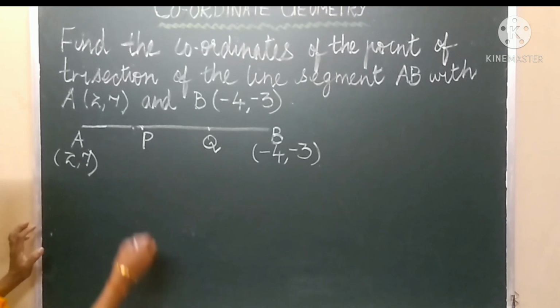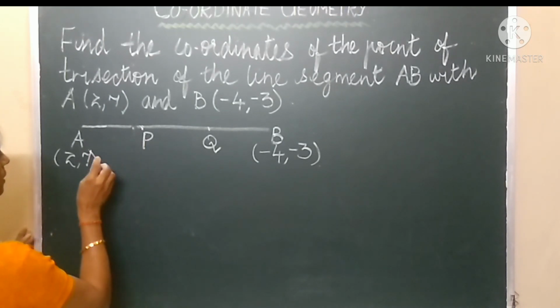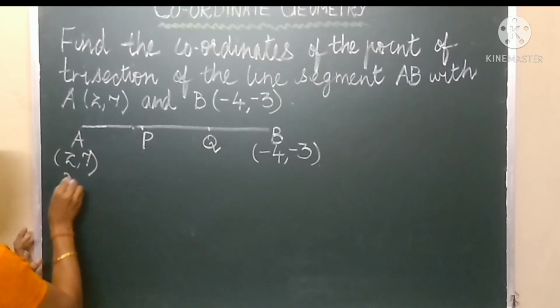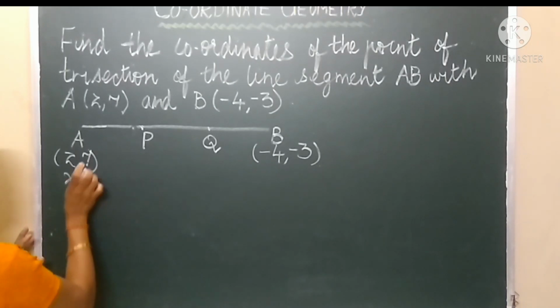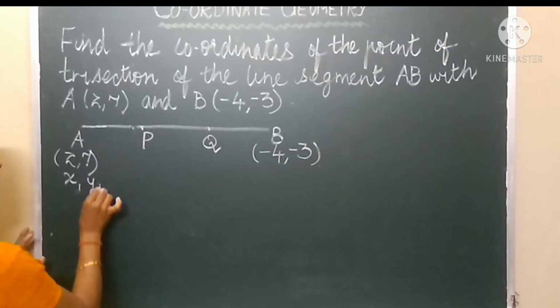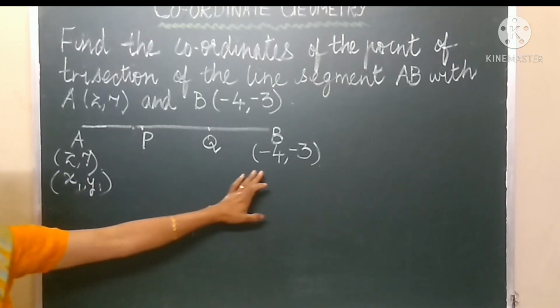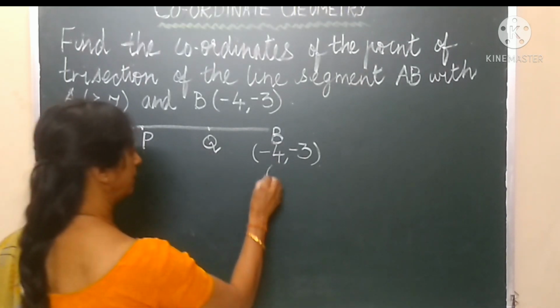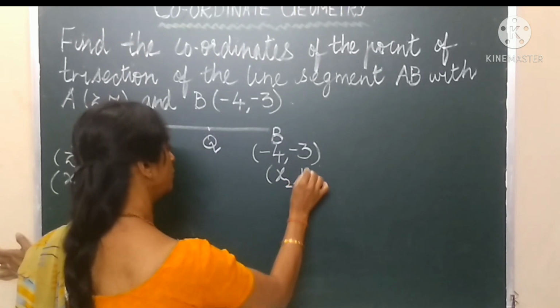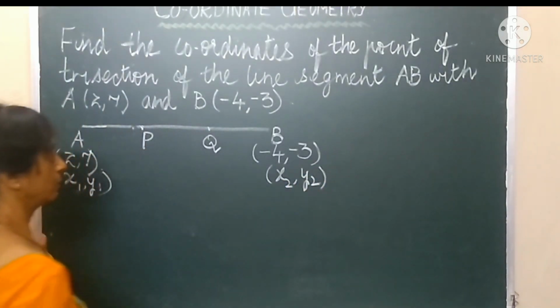So over here, we can assume that the coordinates of point A will be x1, y1. Coordinates of point B can be x2, y2.